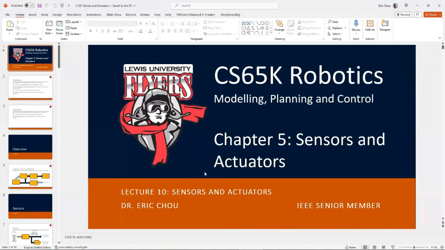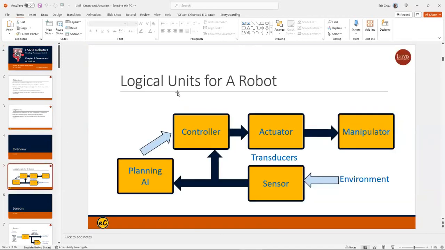So for this week we are on lectures 10 and 11. It's on sensors and actuators. Let's go back to this robot conceptual diagram. We worked on a lot of the manipulator, how the finger moves, how the wrist moves, and the trajectory planner that does planning before sending out a control variable, theta1, theta2.